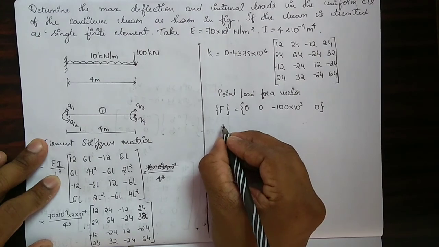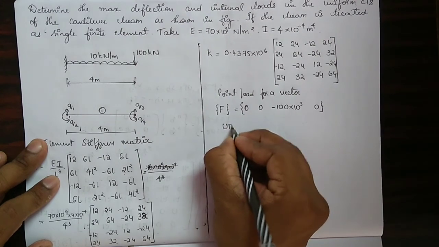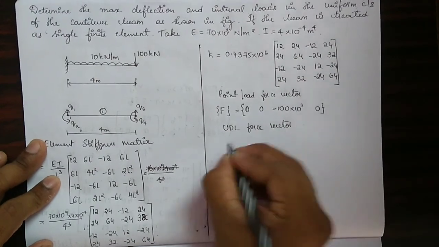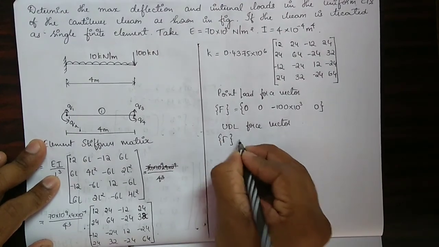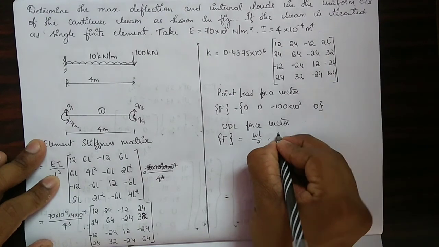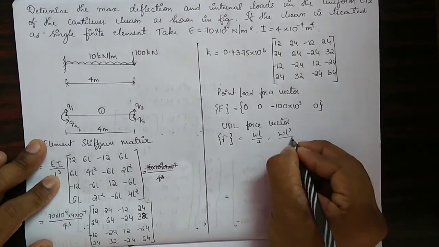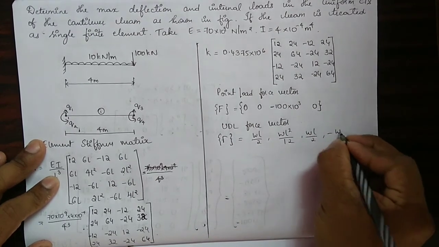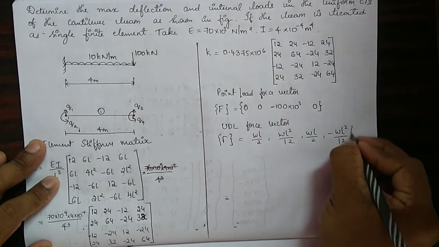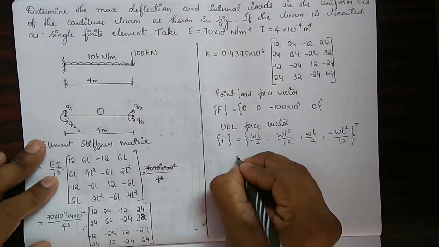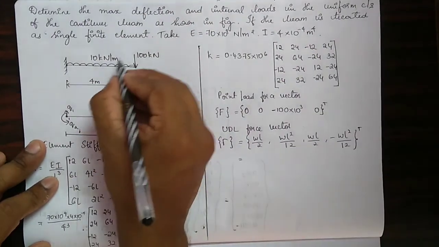Next one is the force vector for the UDL. That is WL by 2, WL square by 12, WL by 2 and minus WL square by 12. This is what we have as the force vector. So both are transpose, and the W value we have is 10 kilonewton.